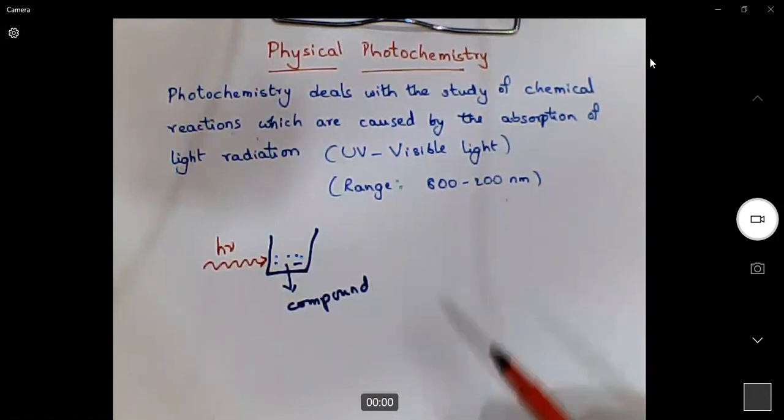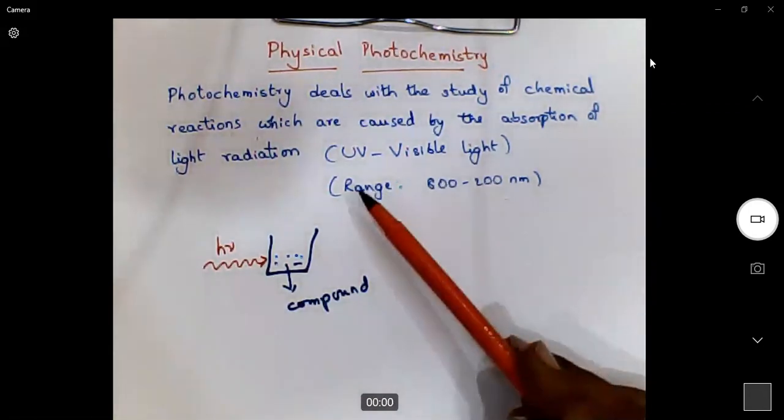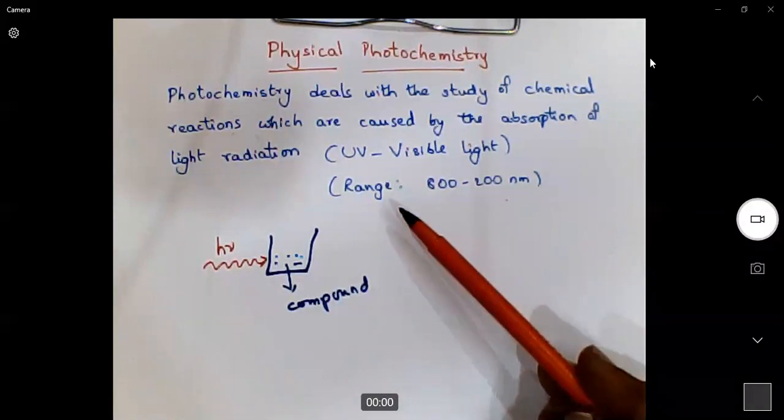The thing is that visible light is abundantly available, and to some extent UV light, near UV, is also available. So whatever we do in photochemistry, generally we use UV visible light, so that we can perform this reaction under normal sunlight also.